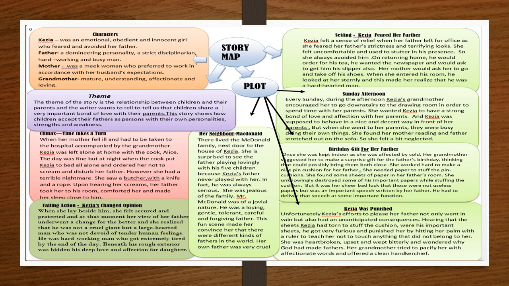Kezia's grandmother was the only family member to whom she was drawn. She was very mature, understanding, affectionate, and a loving lady. She was the one who literally wanted to bridge the widening gap between Kezia and her father.